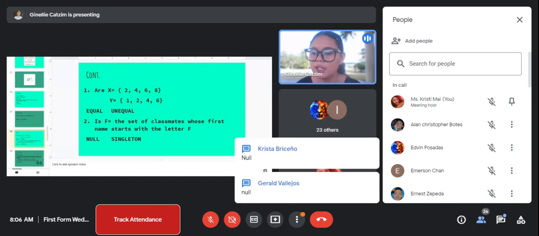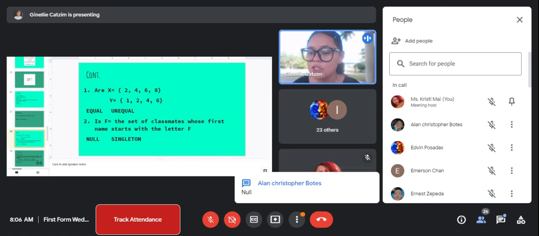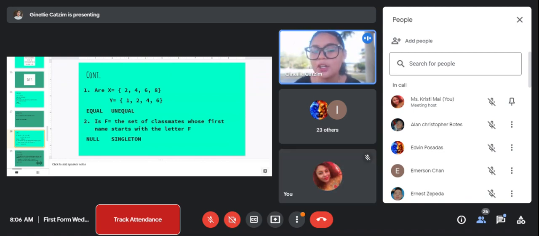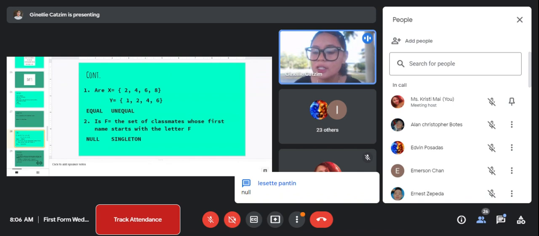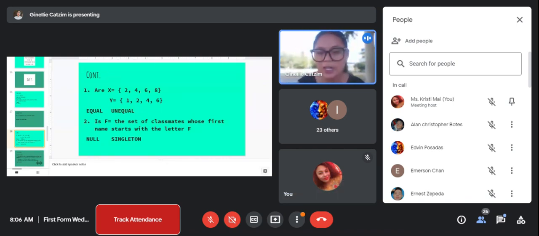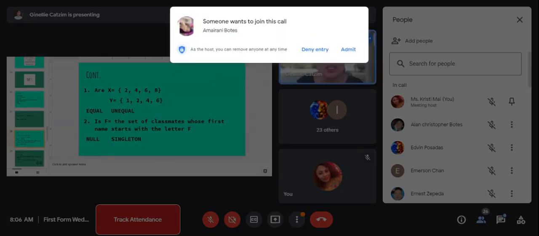Do you have any classmates whose name starts with F? No, right? Krista says null, Gerald says null, and Ernest says null. Very good. We don't have a classmate whose name starts with the letter F, right? We just have one whose surname starts with the letter F, but hence we can say that this set is null. We don't have any elements, right?